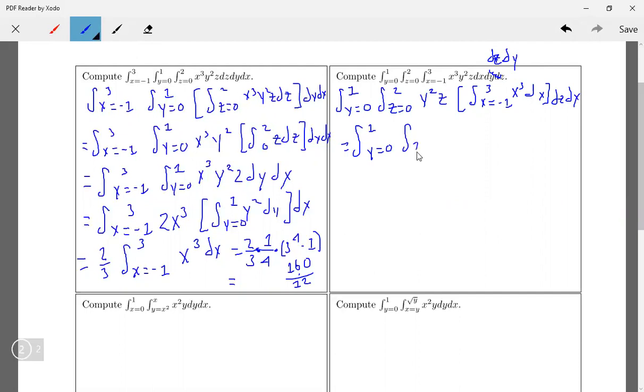The next one is z equals 0 to 2 of y squared z. Now the inner integral, this is the integral from x is equal to -1 to 3 of x cubed. So the antiderivative is going to be 1/4 times 3 to the power of 4 minus 1 to the power of 4. That's 80.